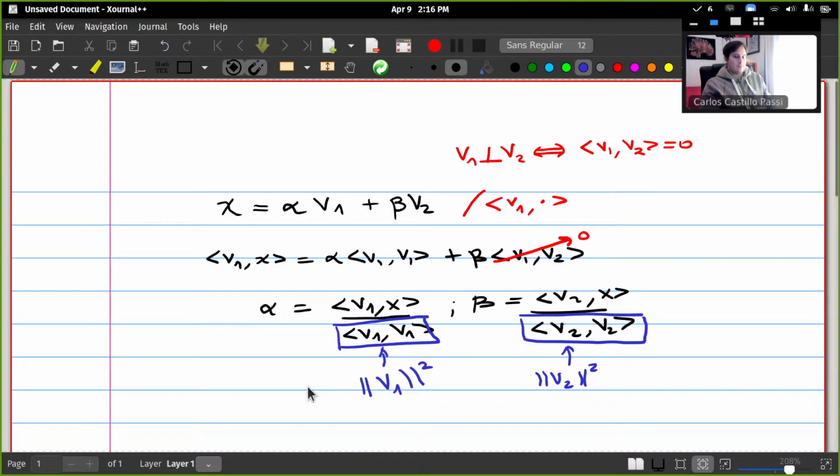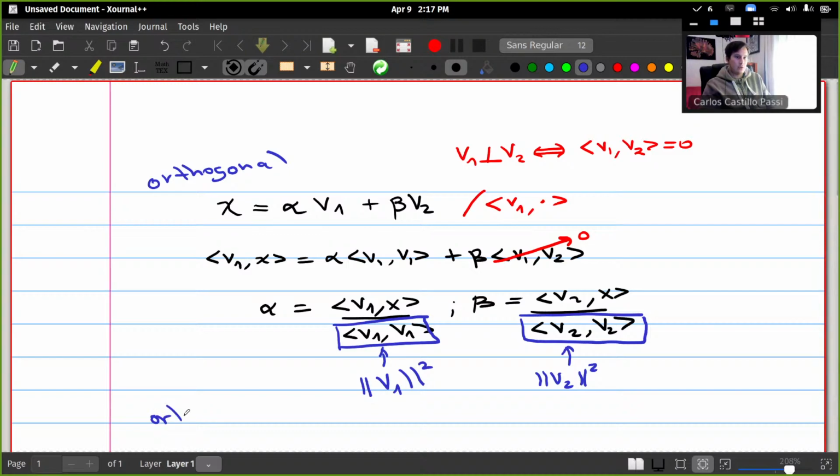So this is the great deal with orthogonal vectors. We can have the coefficients very easily. And there's another brother to the orthogonal basis, that is the orthonormal basis. This is for the orthogonal basis.